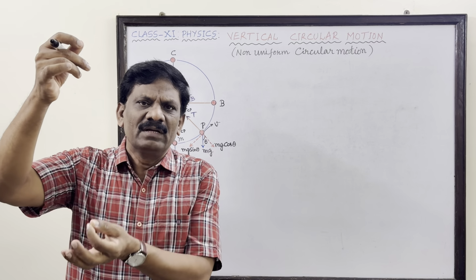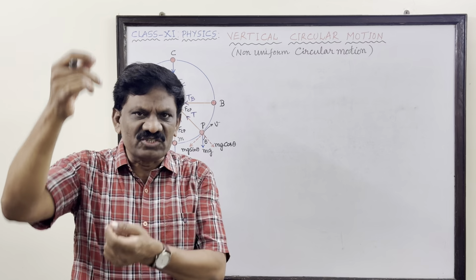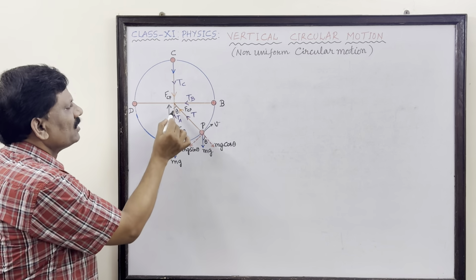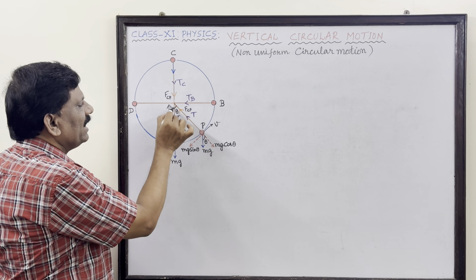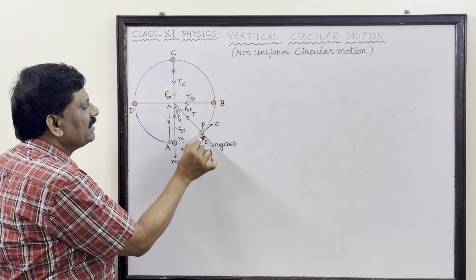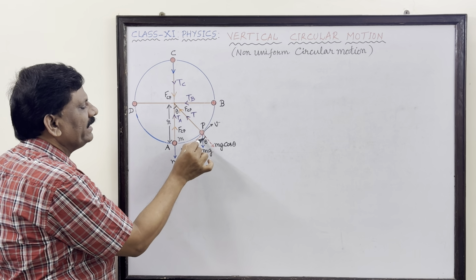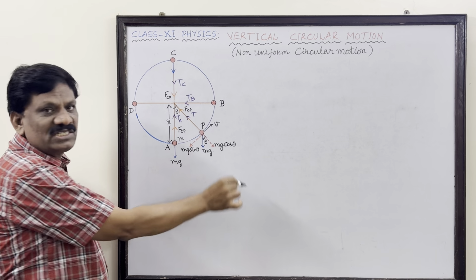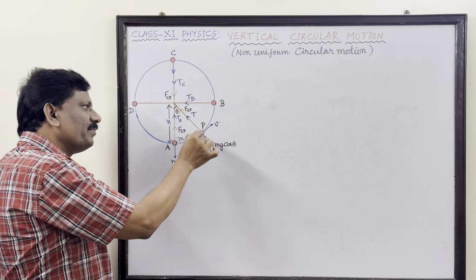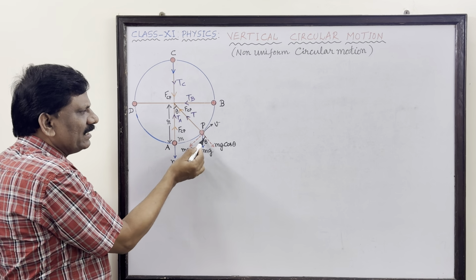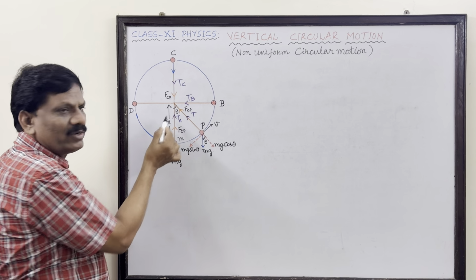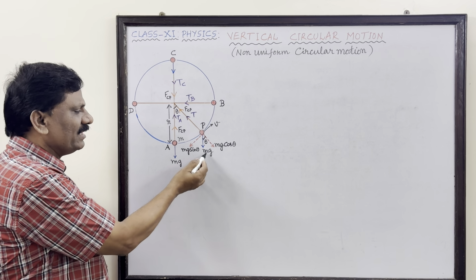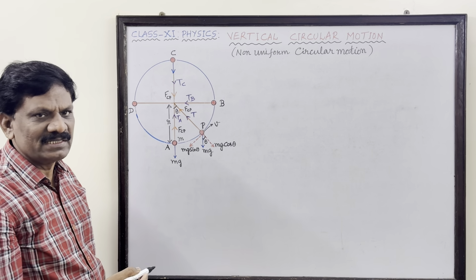So when the body is moving along a circle, the radius vector is sweeping an angle theta. Hence this weight mg is subtending an angle theta with respect to the extended position of the string. The string is extended by a dotted line outward, so that this corresponding angle is also equal to theta.